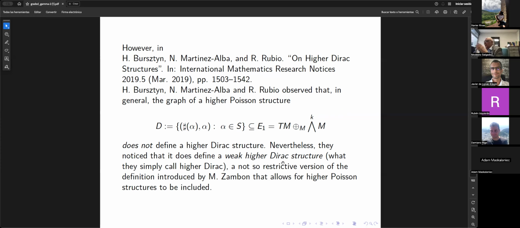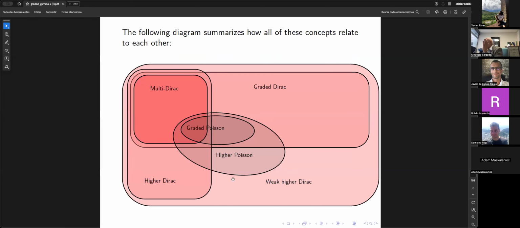And so they weaken the conditions and introduce the weak higher Dirac structure, and they call this higher Dirac, just to have a notion compatible with the rest of the things. And this is the graphic. I thank Ruben for this beautiful graph, and you can see all these things: graded Poisson, higher Poisson, graded Dirac, multi-Dirac, higher Dirac, weak higher Dirac. So this is a confusion.